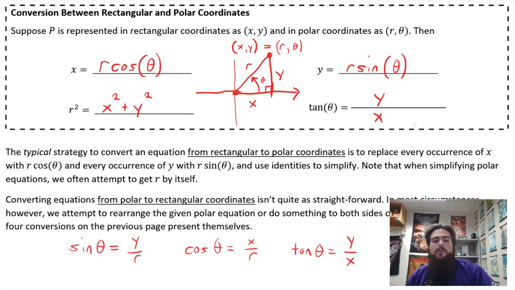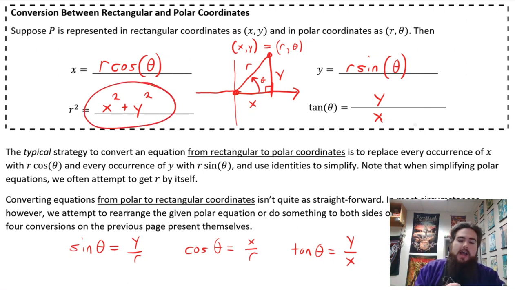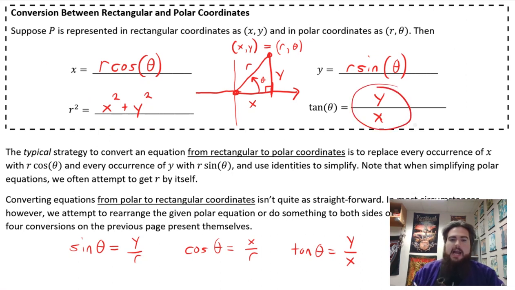These last two equations can be used if you have a rectangular coordinate in x and y, and you want to find what values of r and theta you would have. If I have x and y, I can plug those into the Pythagorean theorem in order to solve for r. And if I have x and y, I can plug that into the quotient formula for tangent to solve for theta.